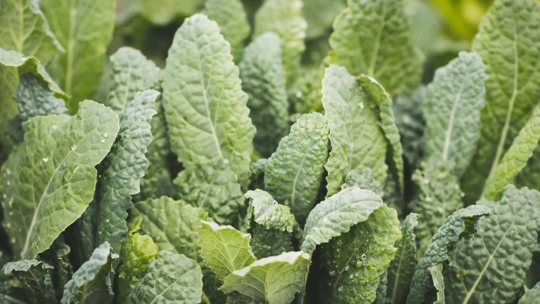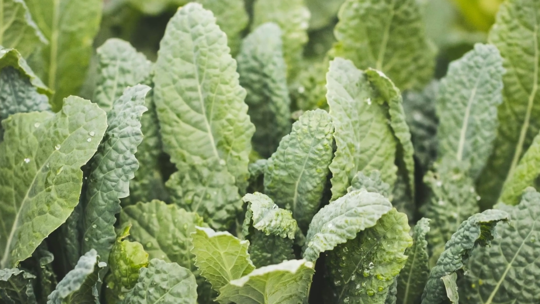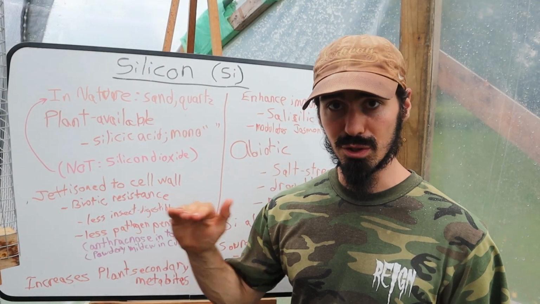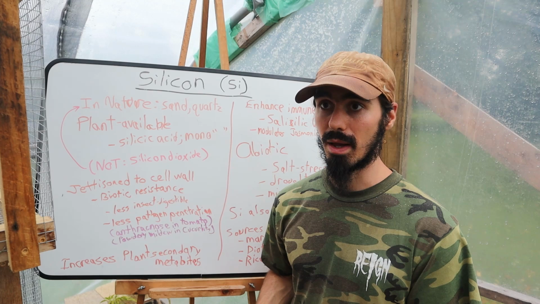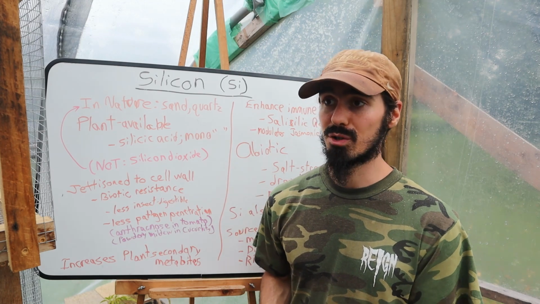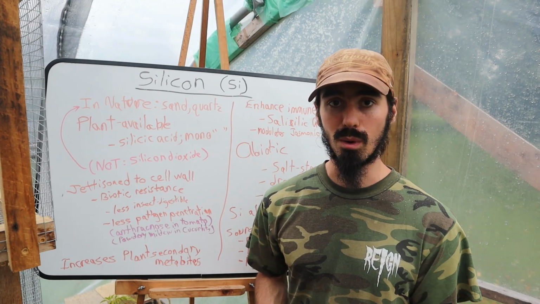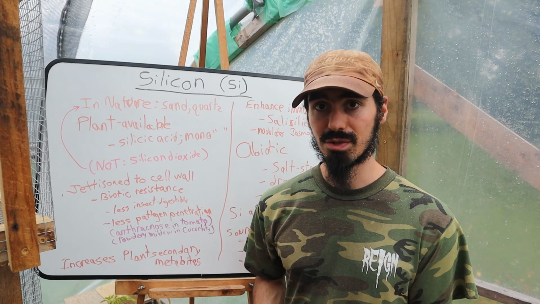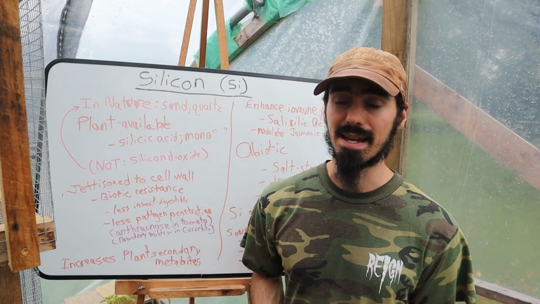Some of which may be from the physical presence of the silica, where the plants uptake that silica and deposit it in their cell walls, and that's where we can find potentially some reasoning for how silicon makes these plants less susceptible to diseases and insects.